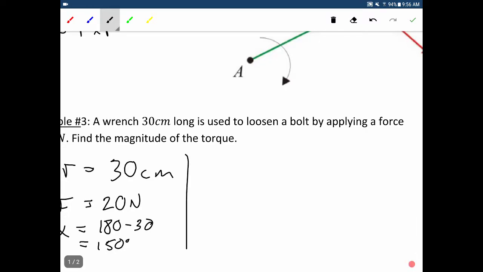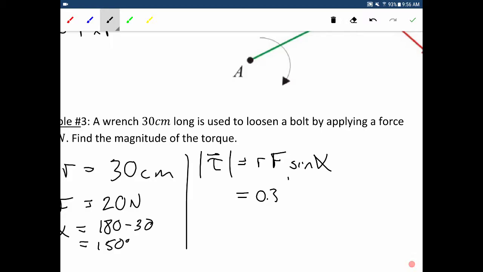So we'll say the magnitude of tau is equal to, and again, I'm not going to bother using the vector symbols so that I can show that it's just magnitudes. Okay, and so we've got 0.3. Now you might think, well, I had 30 centimeters a minute ago, but you need to be consistent, so you should be using meters here, because when you're working with newtons and joules, it should be in meters, not in centimeters.